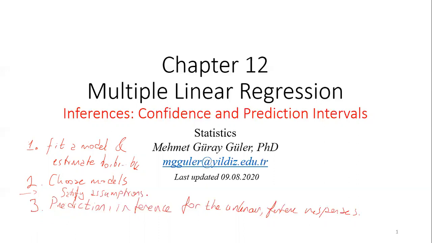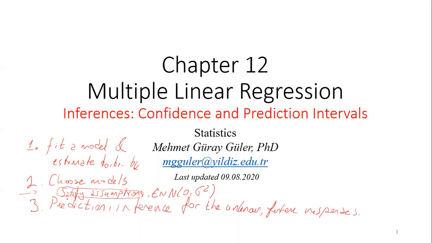We said that all of the epsilons are normally distributed with zero mean and some constant variance. If there is a clear violation of the assumptions, then we go back, choose another model, fit another model, and so on. We will talk about this step later, but now assume everything is fine and the assumptions are satisfied.